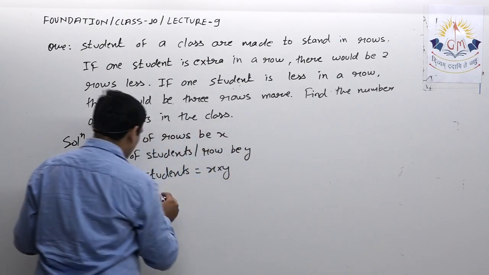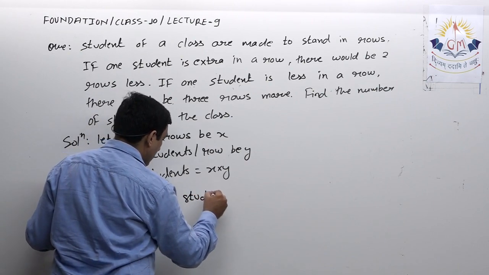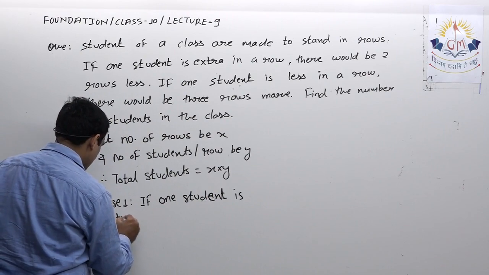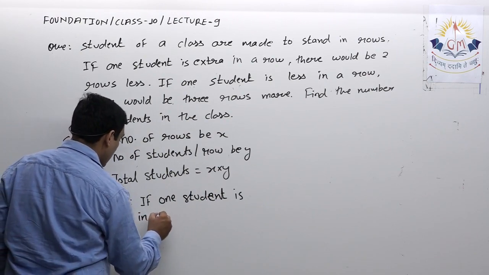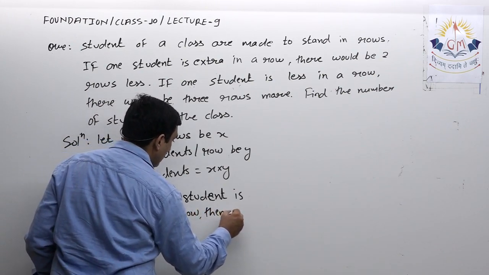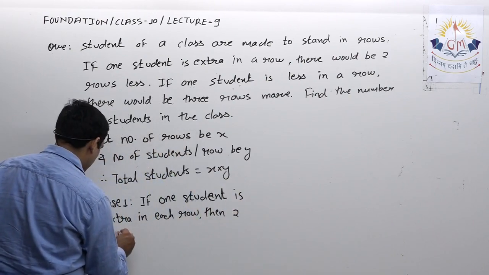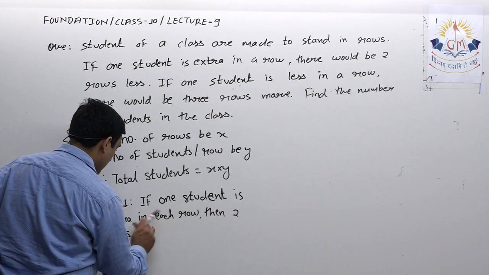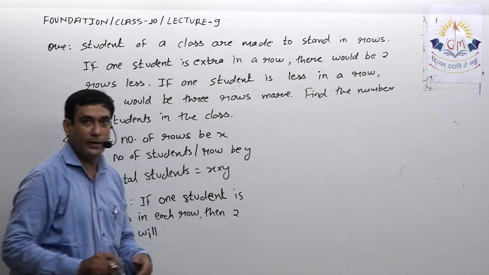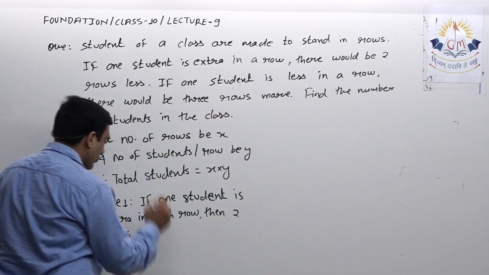If one student is extra in each row, then 2 rows will be less. It's obvious that if we make one student extra in each row, we have to make the number of rows less.